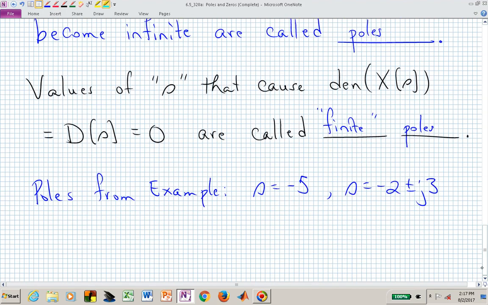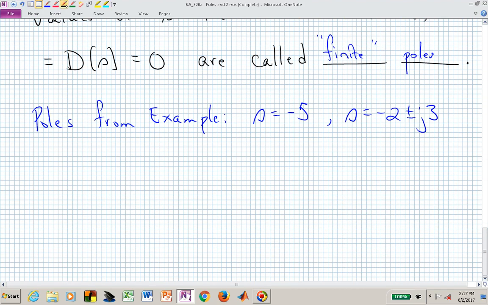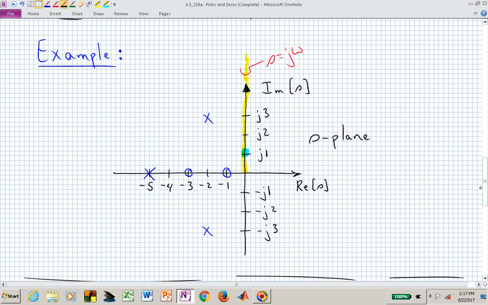I could also provide you with a pole zero pattern on an exam, maybe like this, and ask you to tell me what's the structure of the time domain response associated with this pole zero diagram.